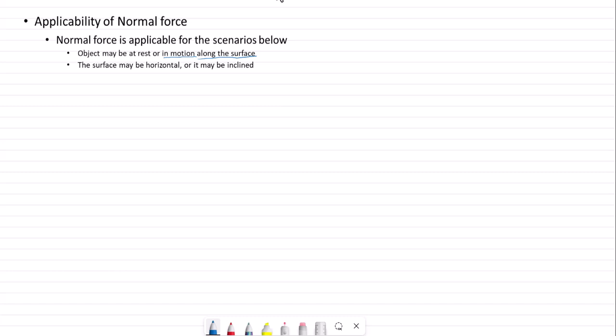If the net force along the x direction is 0, then we say the object is at rest. And if there is a net force along the x direction, then the object will be considered to be in motion. From the perspective of the y direction, normal force being applicable only normal to the surface, it really doesn't matter whether the block is at rest or in motion along the surface.